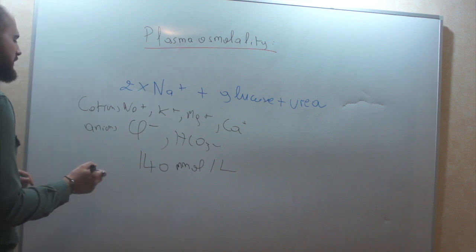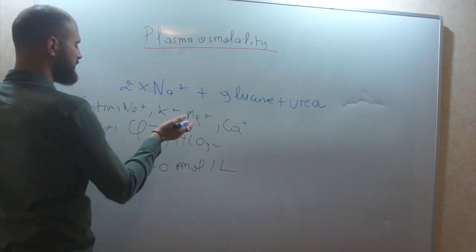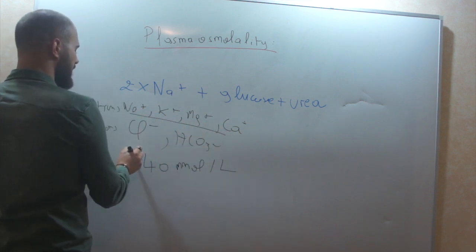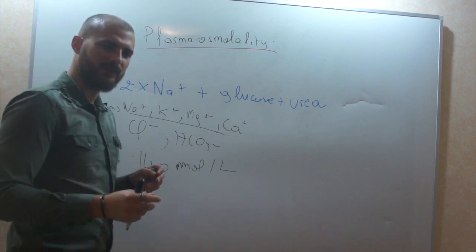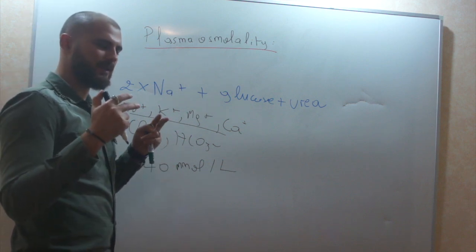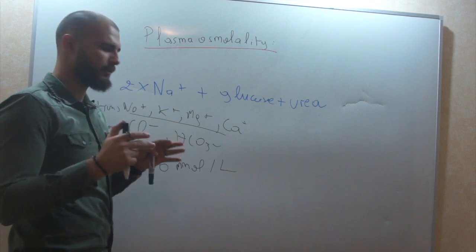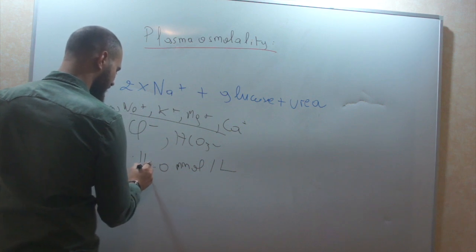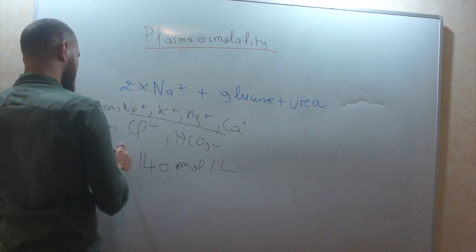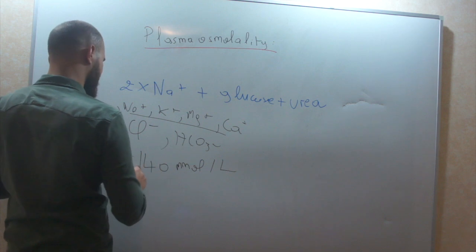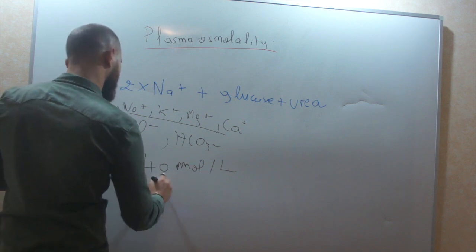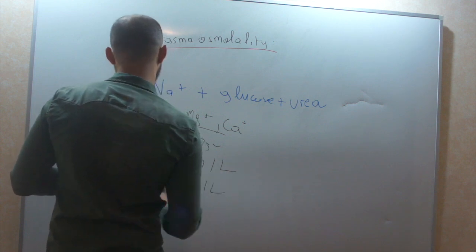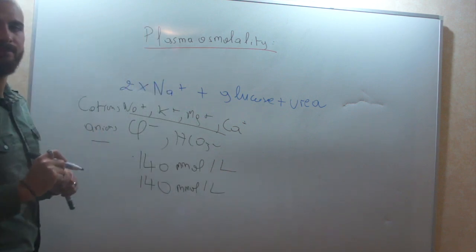You got me? We don't count the others, we count just the sodium, and the solution is always electrically neutral. So if you have 140 millimole of cation, we say sodium, but it's cation in general, we need to have 140 millimole per liter of anions.